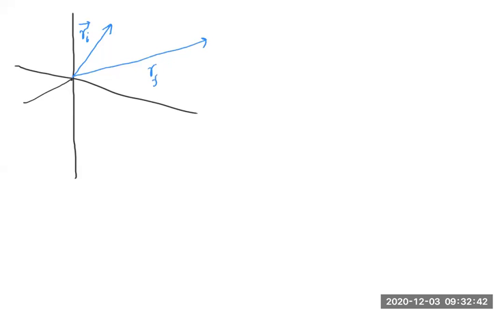So I'll just redraw the diagram. We have the xy axis. We have the position vector Ri. We have the position vector Rf. And we have the paths.